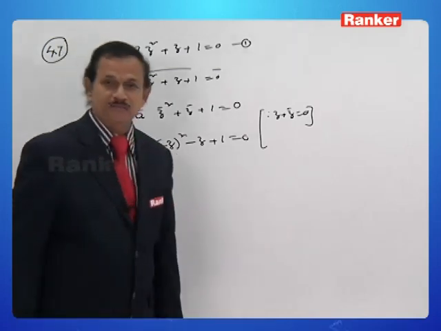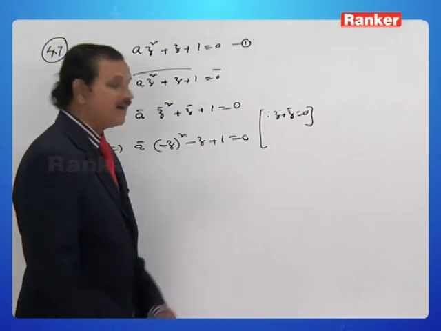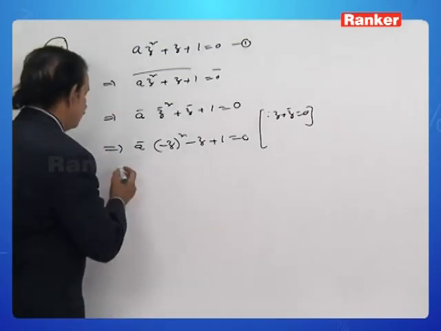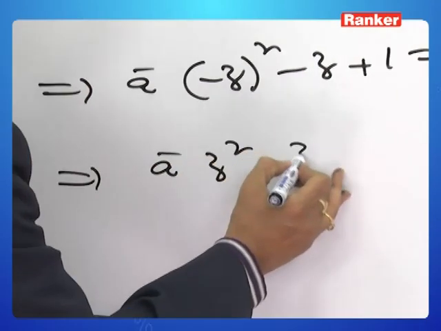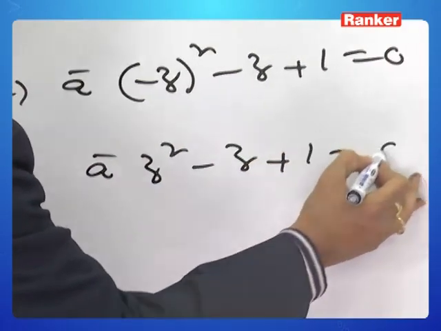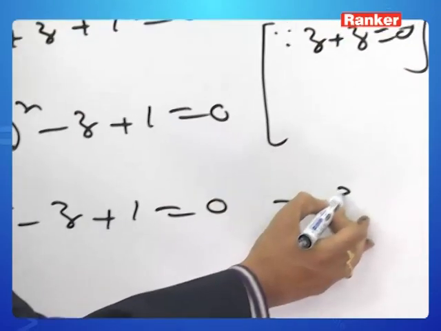As z is purely imaginary, z plus z bar is 0, and in the place of z bar you can write minus z. So you will have a bar into z square minus z plus 1 is equal to 0. You call this 2.